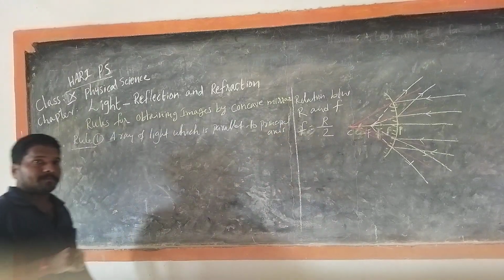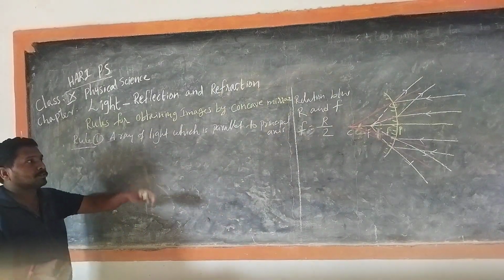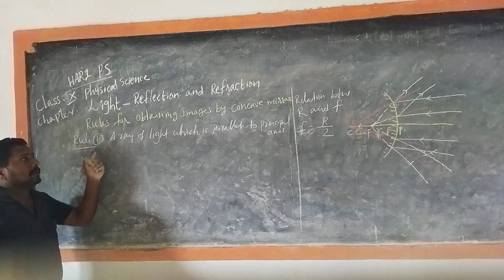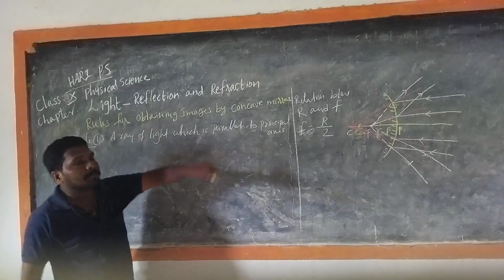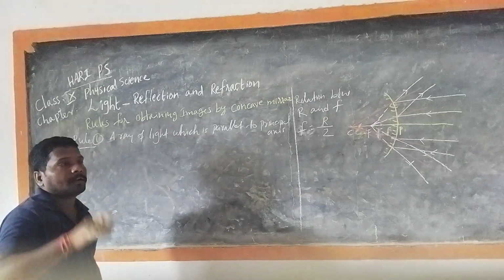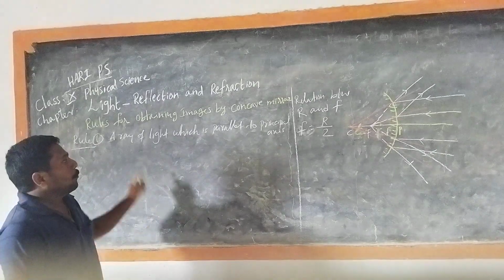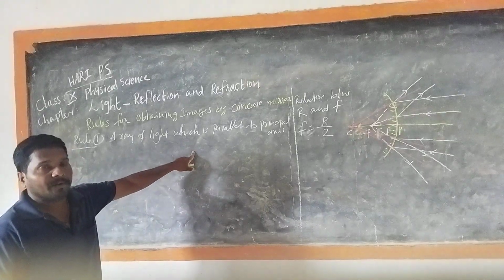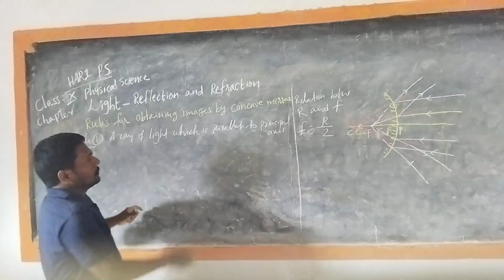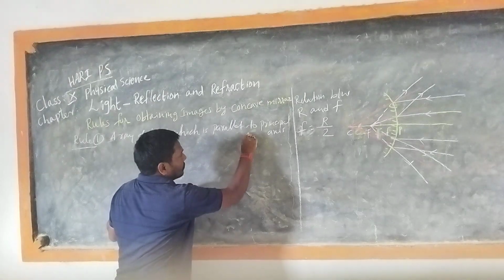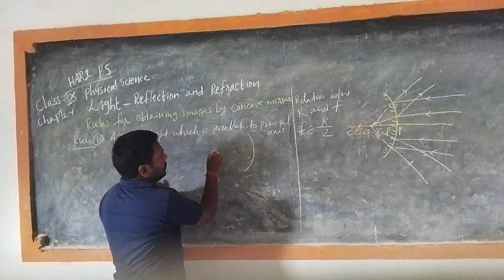What happens if the light rays are parallel to the principal axis and get reflected? So consider a concave mirror.